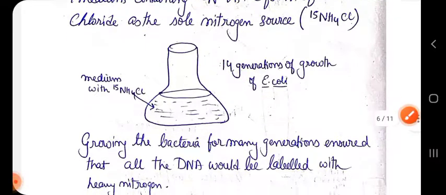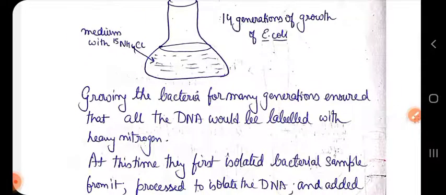Growing the bacteria for many generations ensures that all the DNA will be labeled with the heavy form of nitrogen.